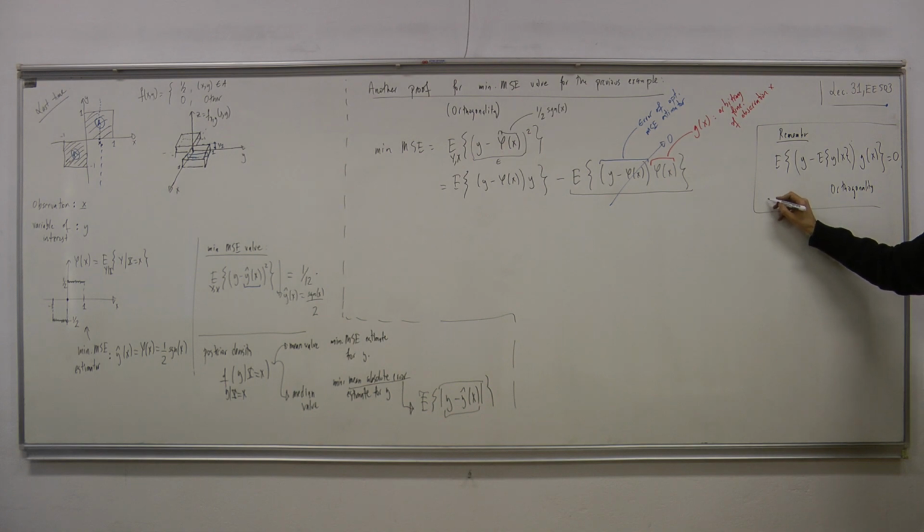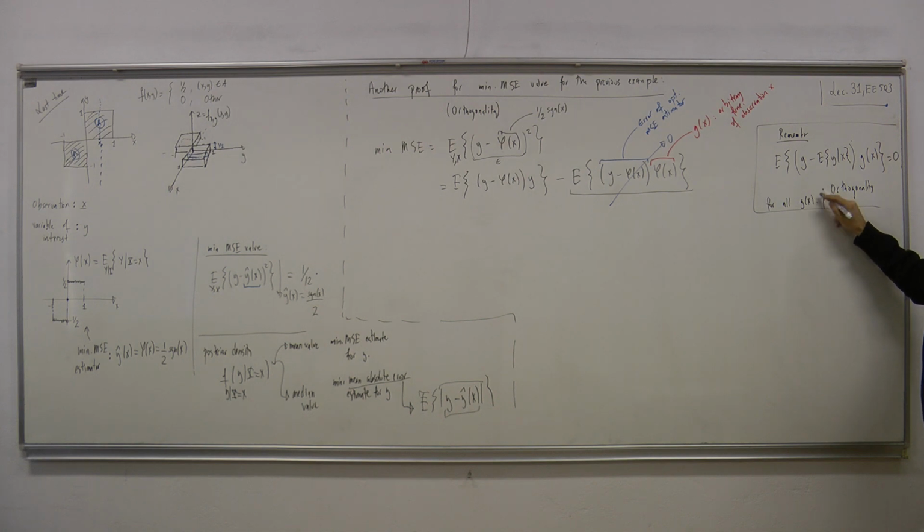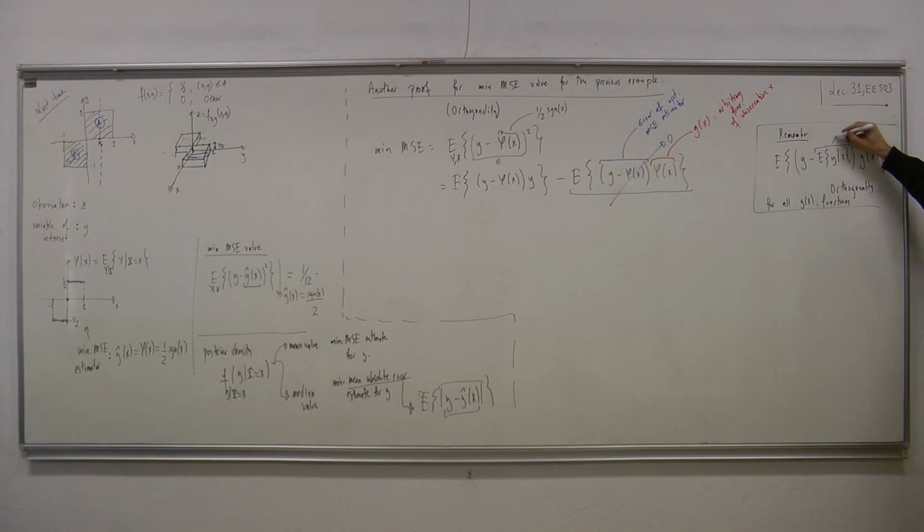But this is valid for all g of x functions. Again, last time we have discussed this. This is the optimal estimator, and this is an arbitrary function. This is very remarkable if you think about it.